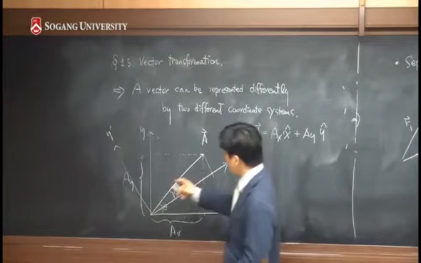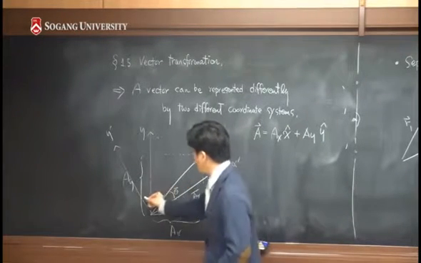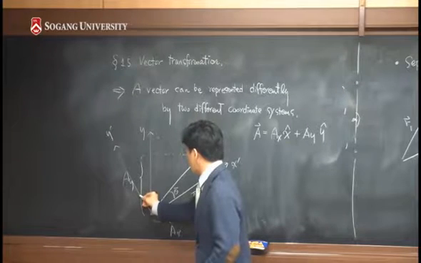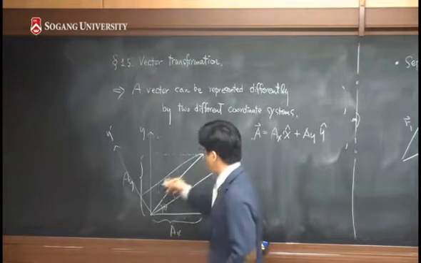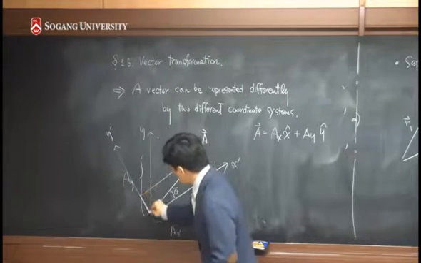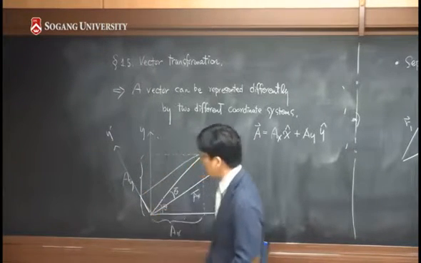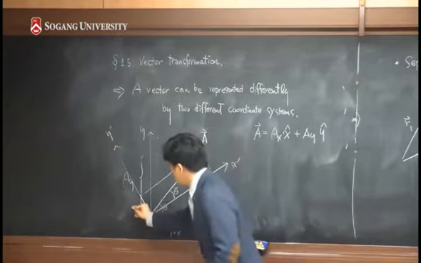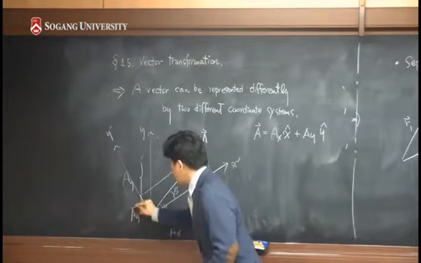And the y component to express this vector a should be the projection of a onto the y prime coordinate, so this length is no longer the same as ay, which we will call ay bar.